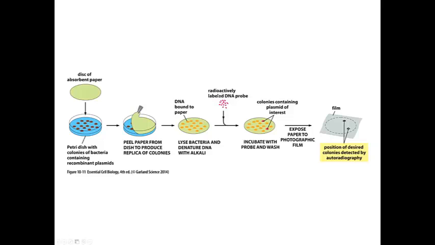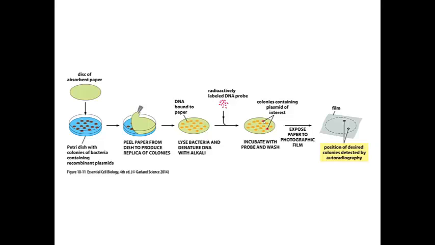And then you take a probe for a stretch of DNA that is of interest. So you could say, I'm interested in gene X. I have a little piece of its sequence, and I'm going to tag it with radioactive phosphate, and this is my probe. And then I will wash my piece of filter paper with my radioactive probe, and then wash it off. And then any clones that are containing my gene of interest, the radioactive probe will stick to it because the two sequences will hybridize.